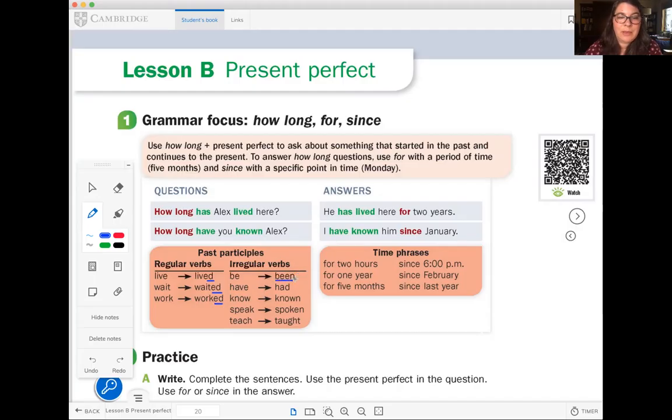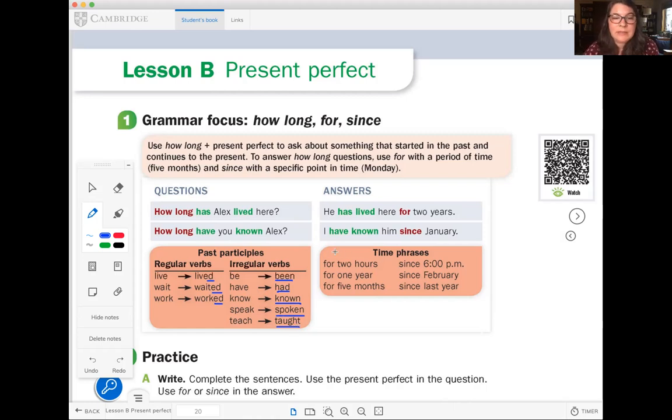So B is been, that's like pin, bin, not bean. A bean is something you eat. Have goes to had. How long have you had your car? Know is known. How long have you known them? Speak is spoken. Teach is taught. I have taught English for 25 years.